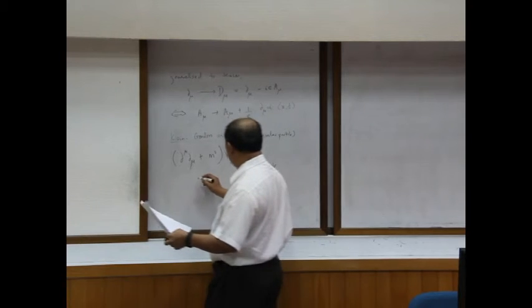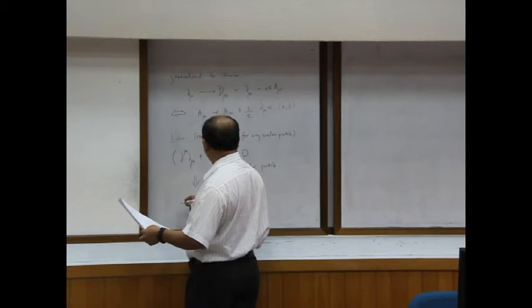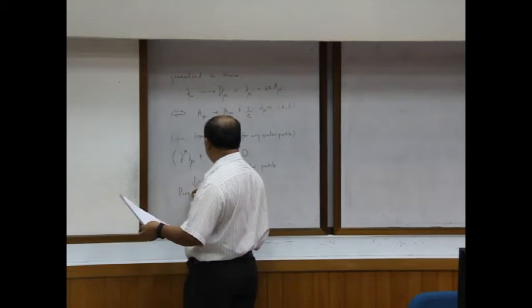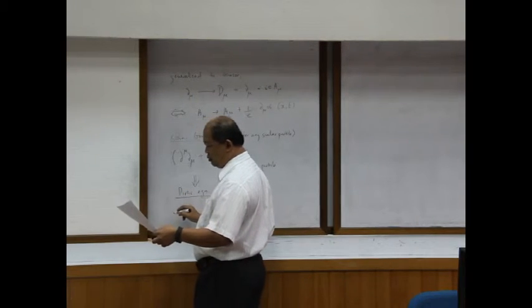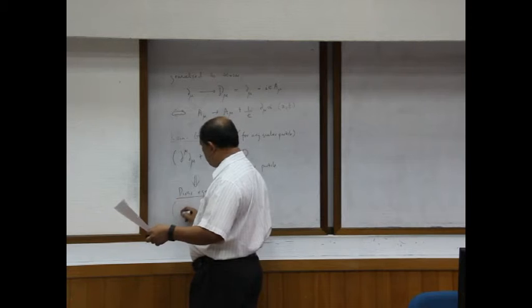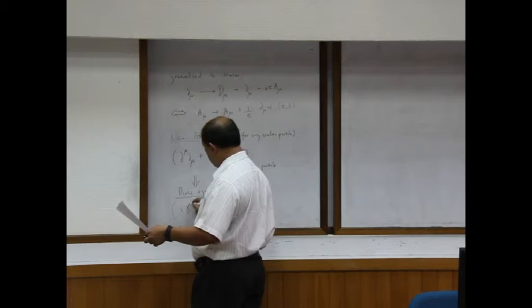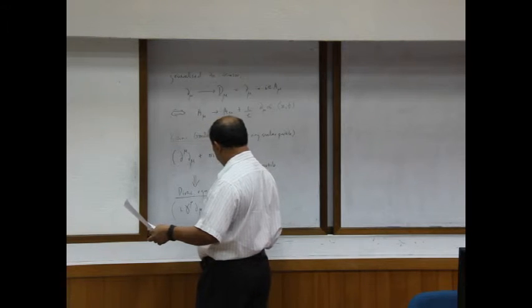Whereas a generalization of the Klein-Gordon, which is the Dirac equation, is for a vector particle. Here it is generalized to i gamma mu d mu minus m.